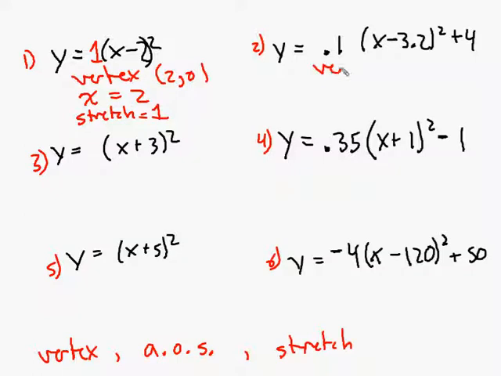All right, what's our vertex for the next one? 3.2, 4. 3.2, comma 4. And what's our axis of symmetry? 3.2. And what's our stretch? 0.1.